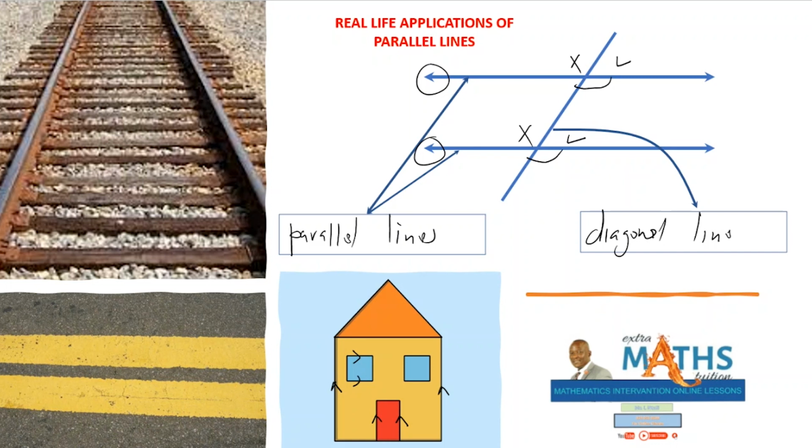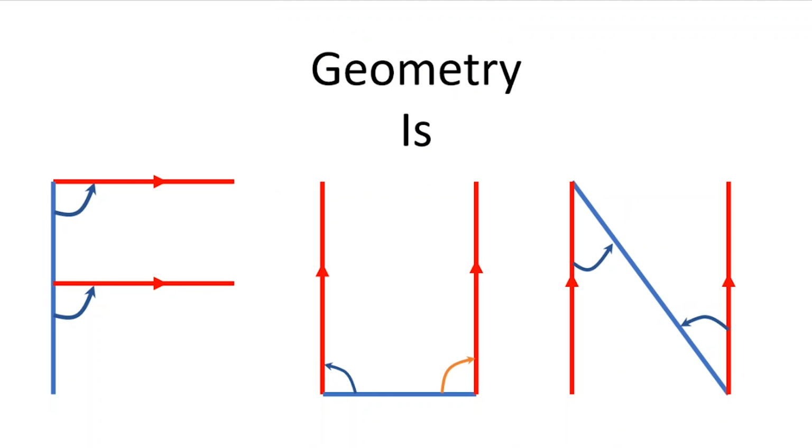Okay, guys. Now you can conclude with me that geometry is fun. When they say geometry is fun, what is the name of these lines again? Yes, it's parallel lines. And what is the name of this line?